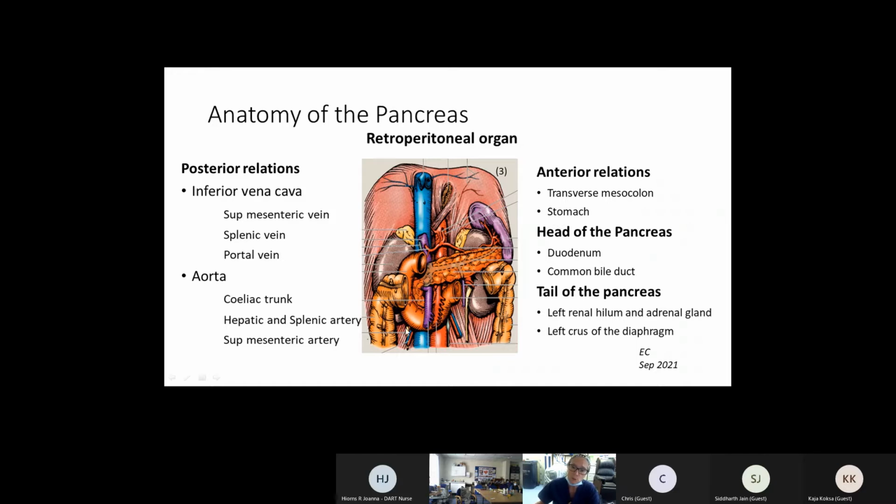So the stomach would be here on top of all this, as would be the transverse colon in here. And of course, we've spoken about the duodenum, where it delivers its secretions. And even the tail is closely related to the left kidney, adrenal gland, and to the diaphragm posteriorly. Of course, all this is retroperitoneal.